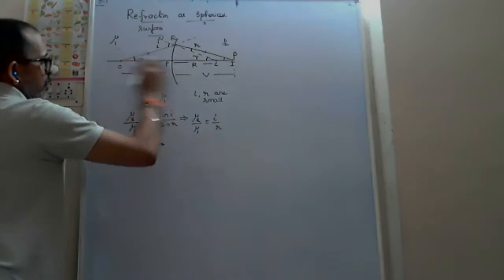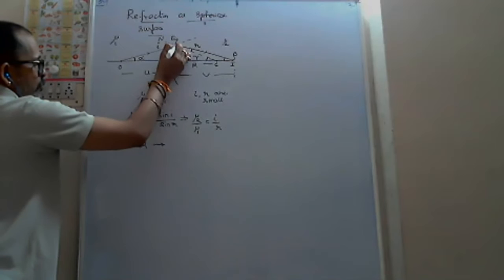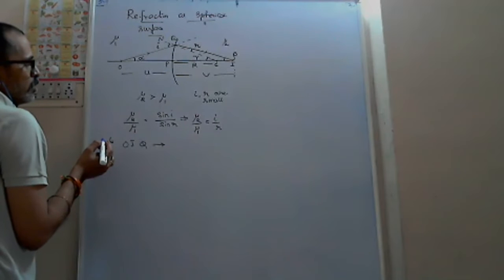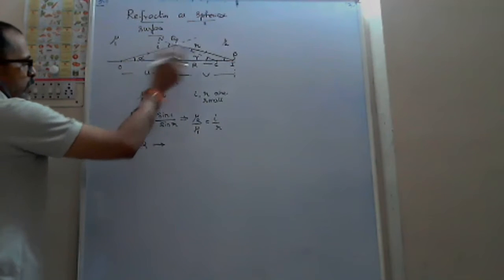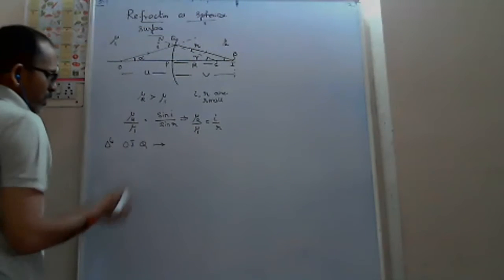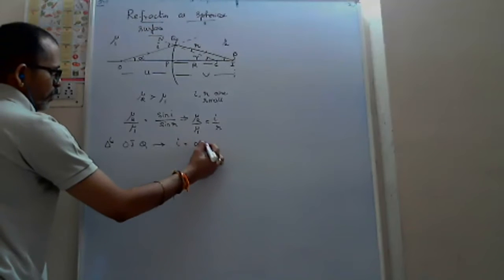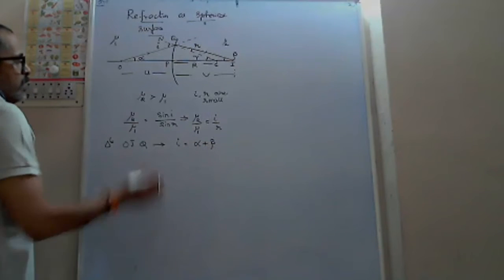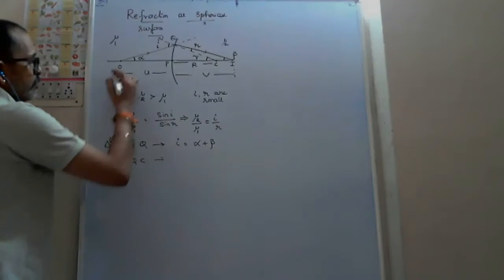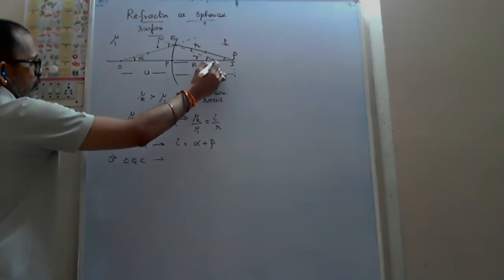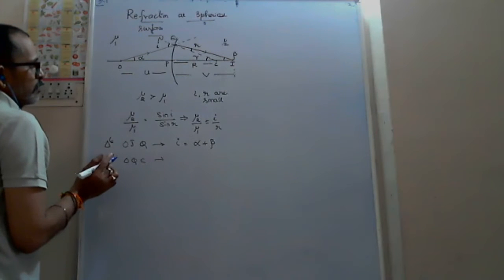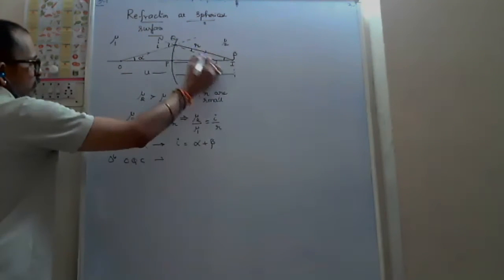The big triangle OIQ, the sum of interior angles: i is equal to alpha plus beta. In the same way, from the triangle OQC, the sum of interior angles: alpha plus gamma.